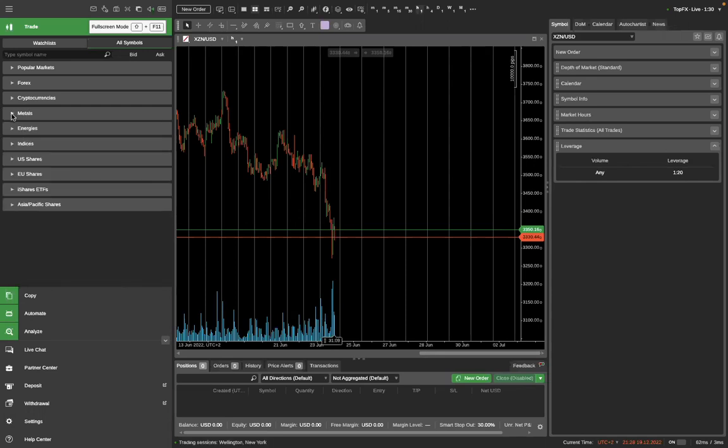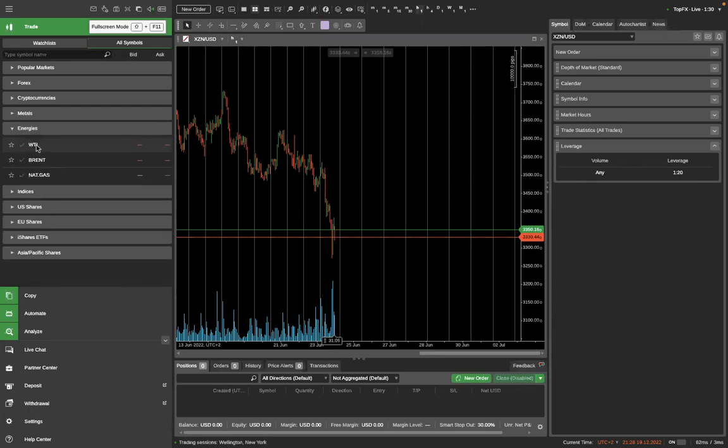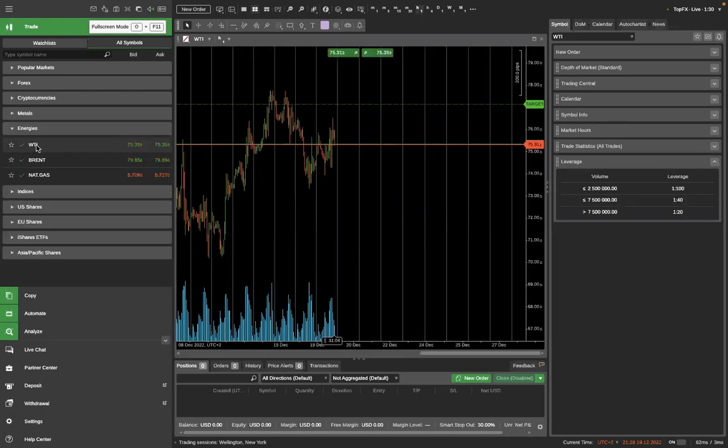If we take a look at the energies, for example, the crude oil, this is the dynamic leverage. Below 25 lots is 1 to 100. Between 25 and 75 lots, 1 to 40, and everything above 75 lots is 1 to 20.